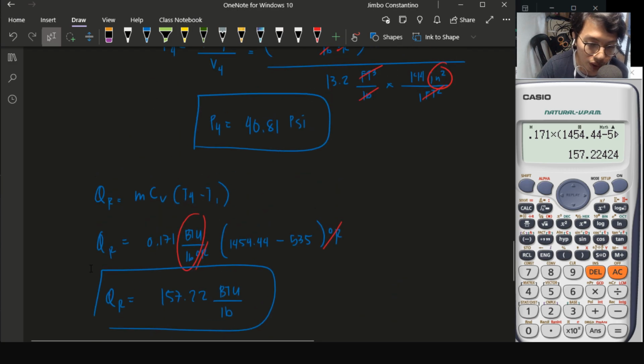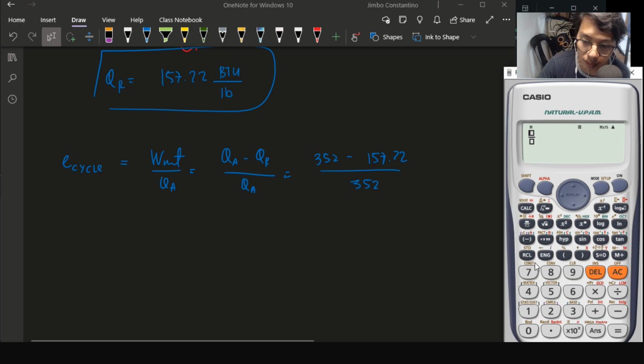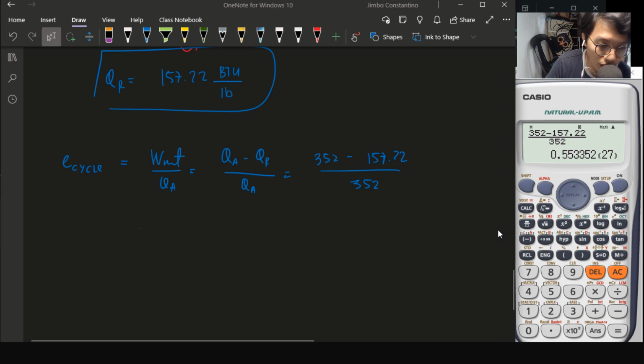Tignan natin kung magtatama. Dapat tama yan. O, 352 minus 157.22 divide by 352. The answer is, yan. Ang efficiency of the cycle, 0.55335.